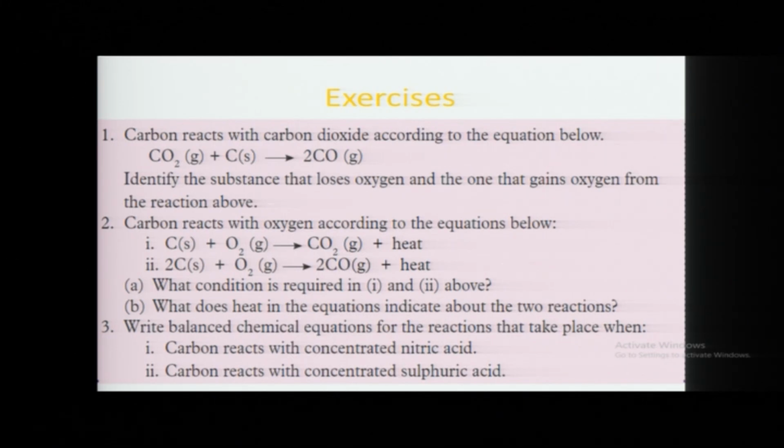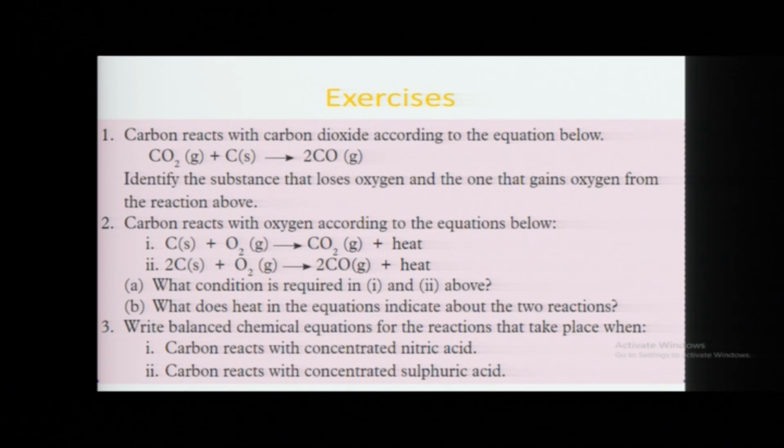So identify the substance that loses oxygen and the one that gains oxygen from the reaction above. Among these substances, carbon dioxide, carbon, and carbon monoxide, which one loses oxygen and which one gains oxygen?